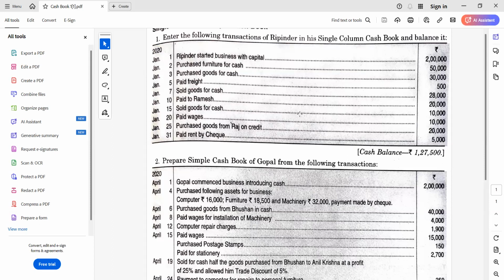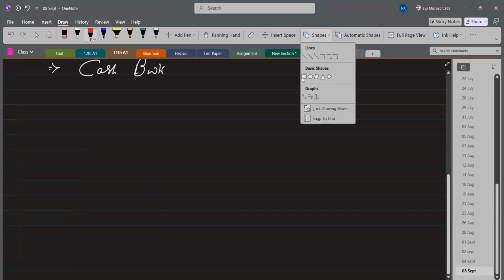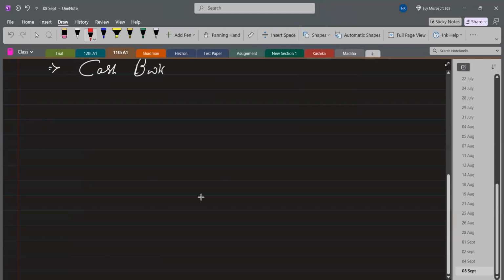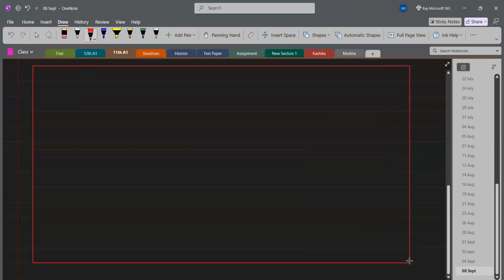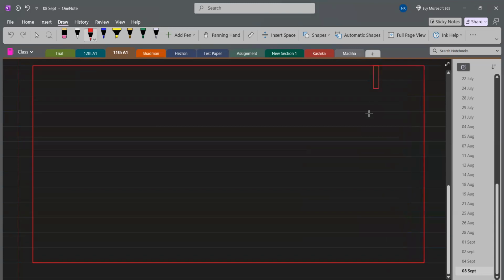Now, the first transaction: Ripinder started business with capital of rupees 2 lakh. Tell me if this transaction is in cash or not. I guess it's cash only, because cash is coming, rupees 2 lakh is coming to the business, right?